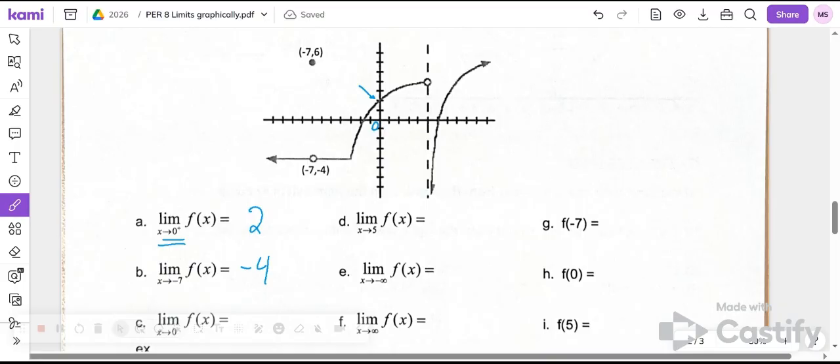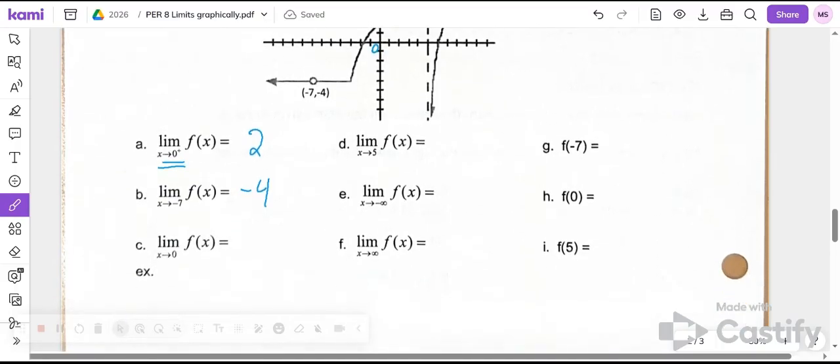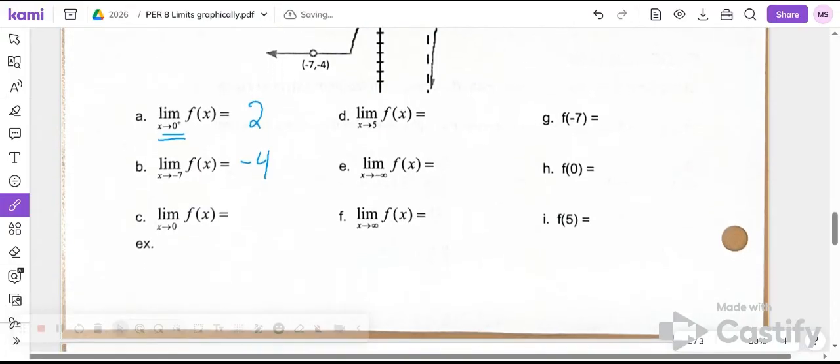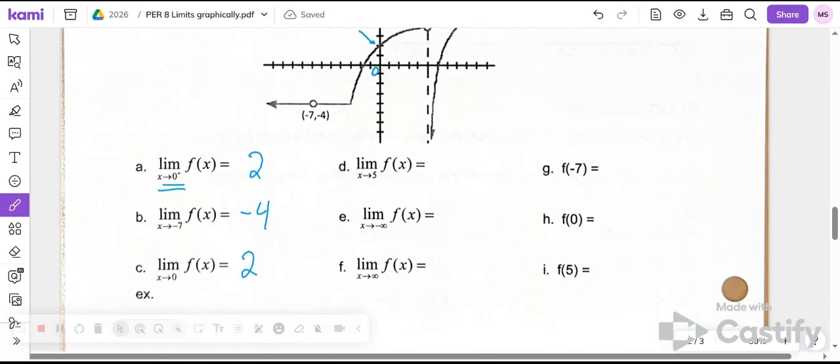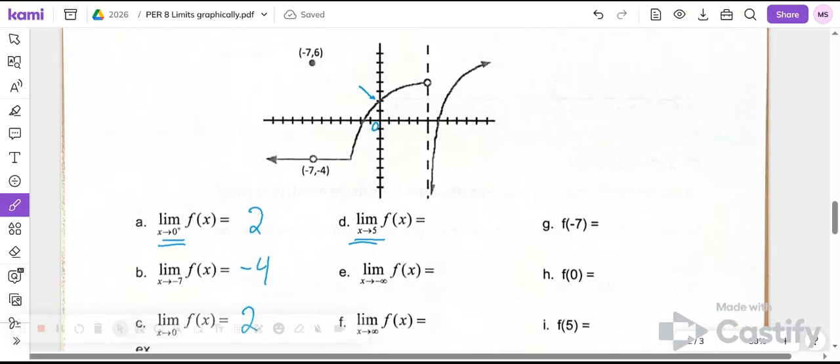What's the difference between A and C with plus 0? As x approaches 5, this one's a little tricky. 4.